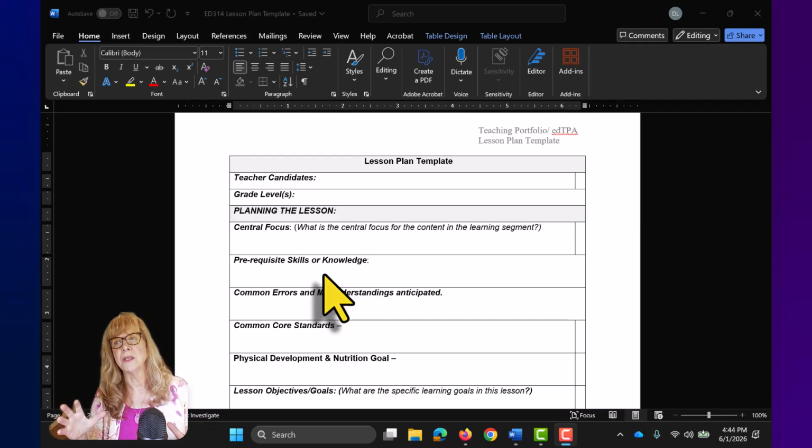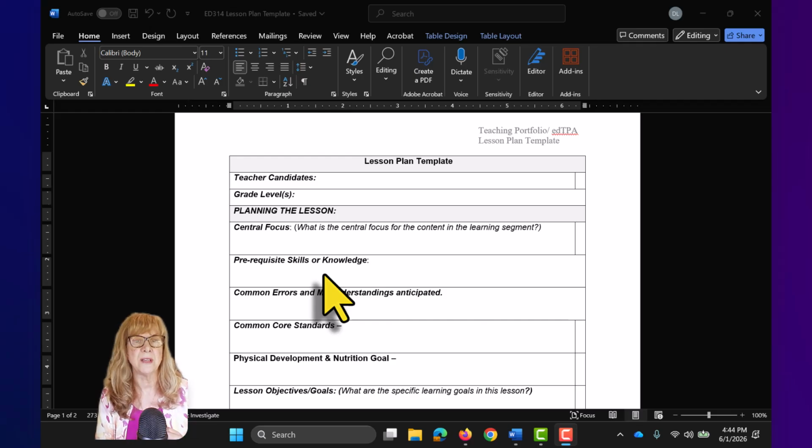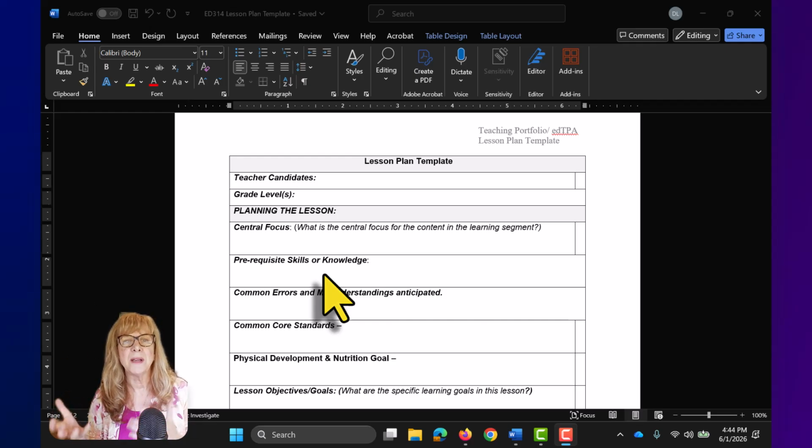So what I want you to do for these purposes, until you have that experience, is to look at the Common Core and at the previous year. For example, let's use math again. If you're doing a second grade math lesson on adding and subtracting two-digit numbers to 100, what do students need to know in order to add and subtract two-digit numbers?